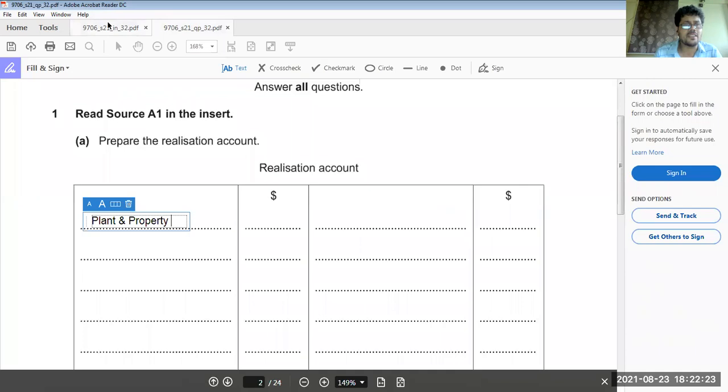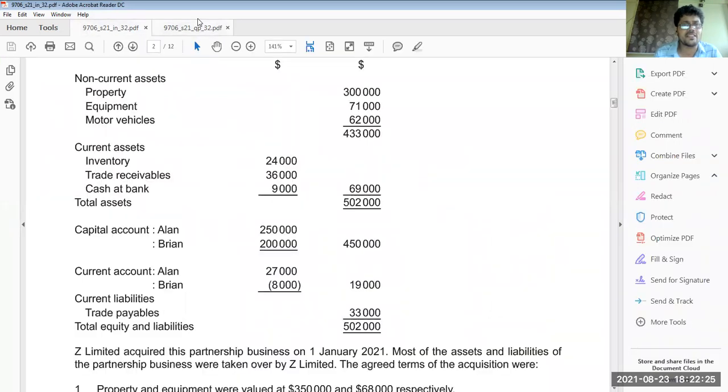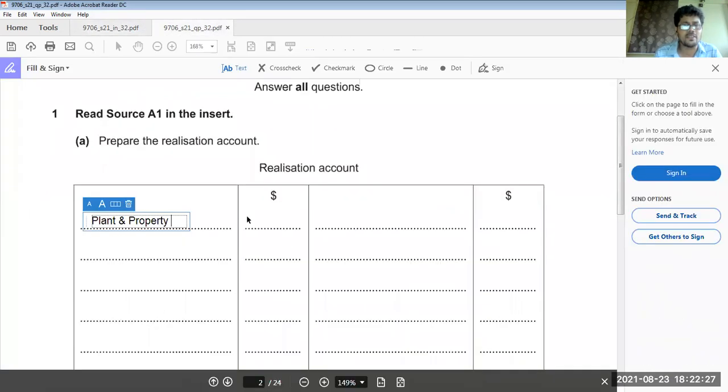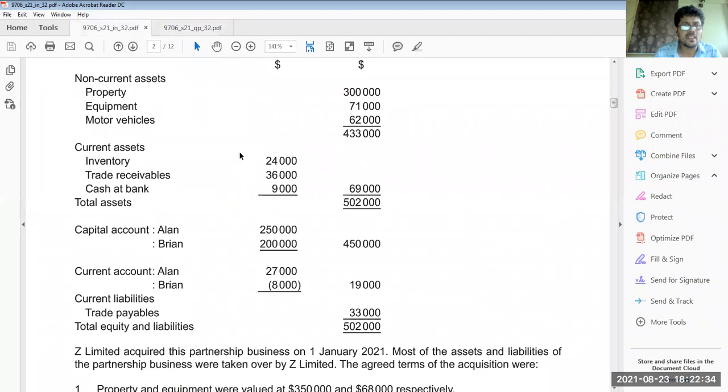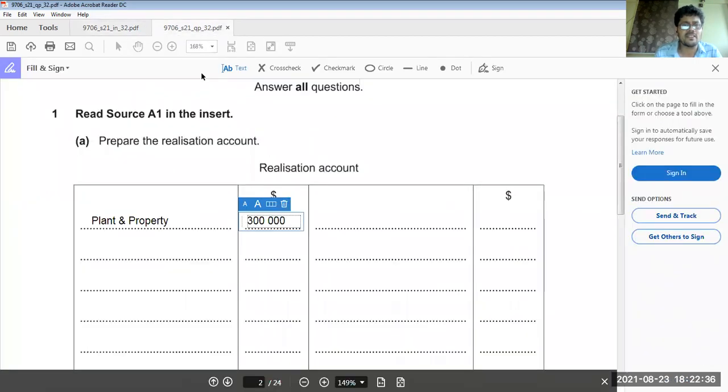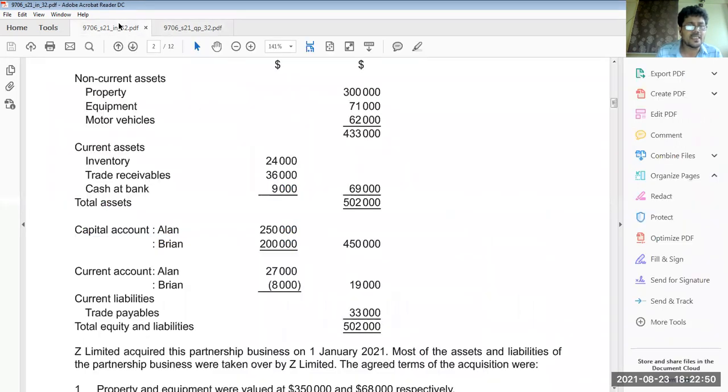Okay. Now see plant and property. The value of plant and property is 300,000. So that's going to be recorded over here as $300,000. Done. Then we have equipment, 71,000. We are going to debit 71,000. Then third item is motor vehicles.